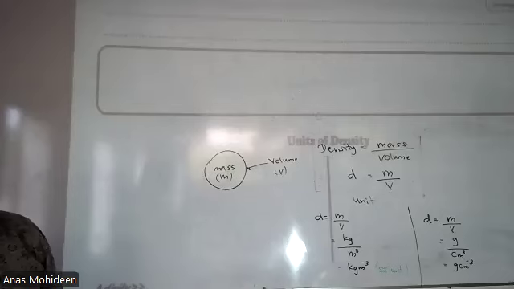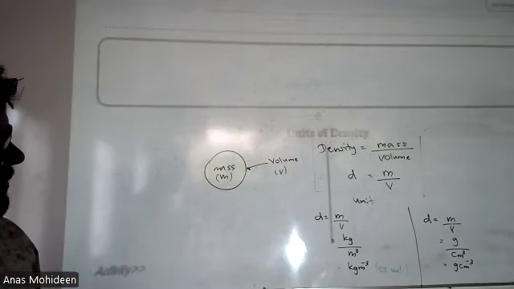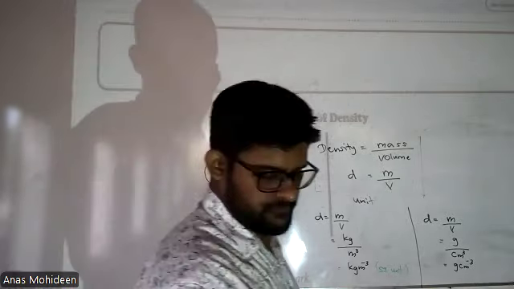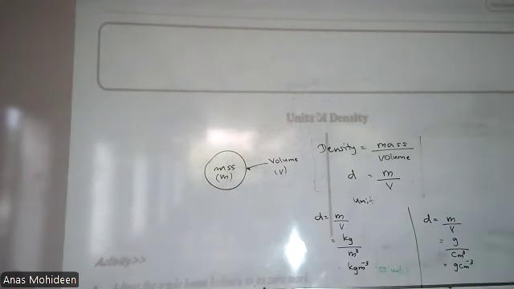Is that clear? Okay, please mark it down. Mass per unit volume of an object.